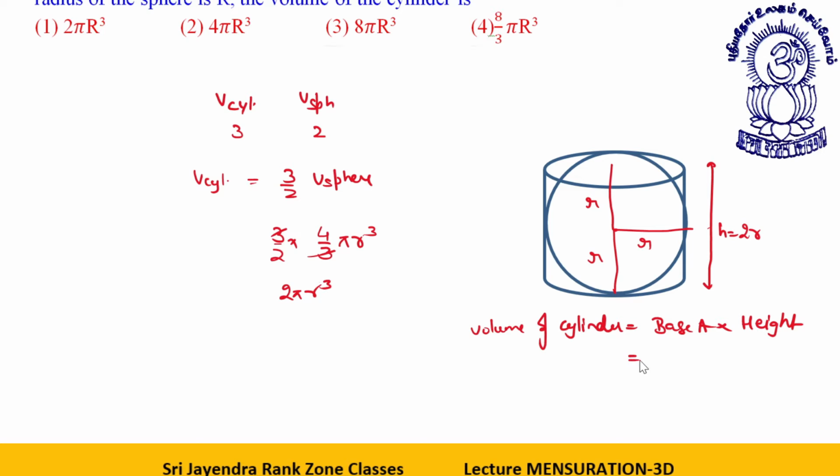What is base area? Base area will be pi r square. Why? Because this radius is r, circular base. Height is 2r. This gives you 2 pi r cube. Am I clear to all of you? Okay, dear students, shall I move ahead? Next one.